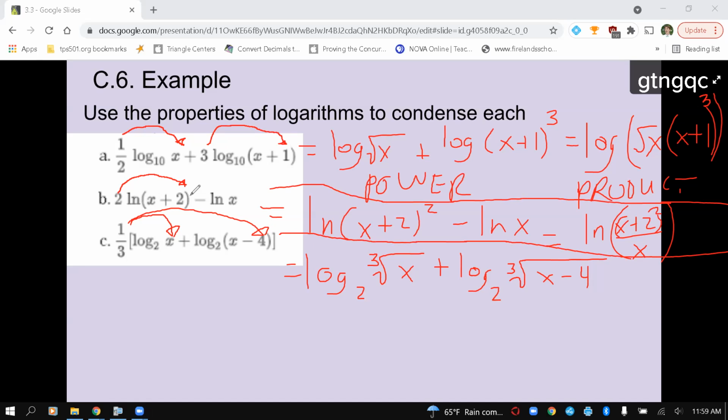Hey, where'd that cube root come from? The 1/3 power. Having something to the 1/2 is the same as square rooting it. A third is the same as a cube root.